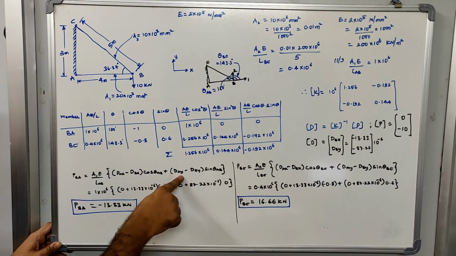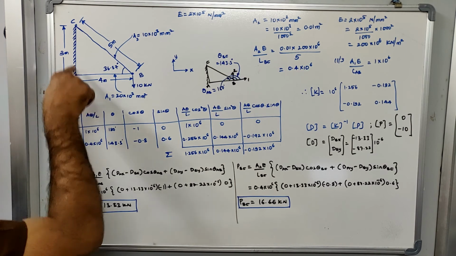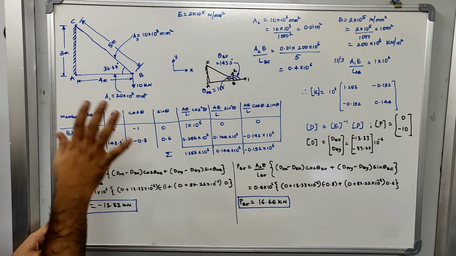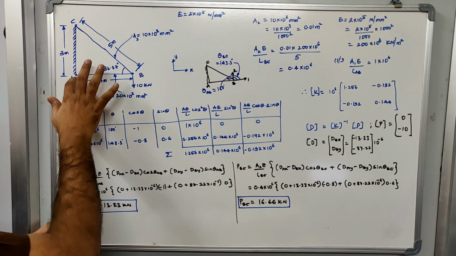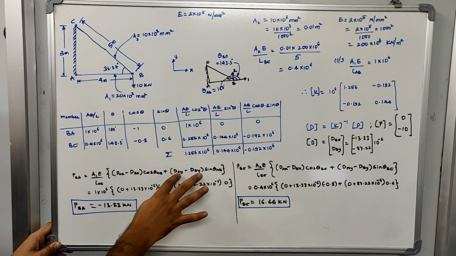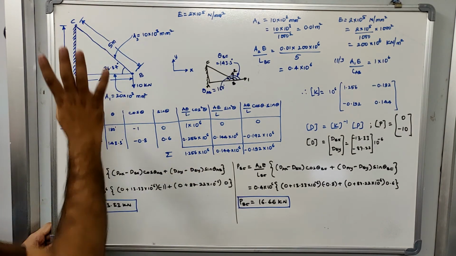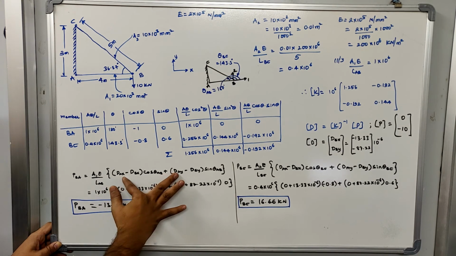And what is dAy? Displacement at joint A in y direction. I told you joint A and joint C are fixed, they will not move, there will be no translation. Because of that, dAx and dAy, or dCx and dCy, will be equal to 0. Okay, right. So dAx and dAy are 0.